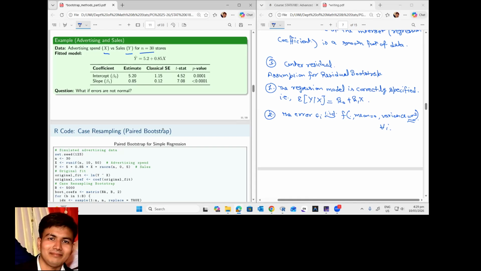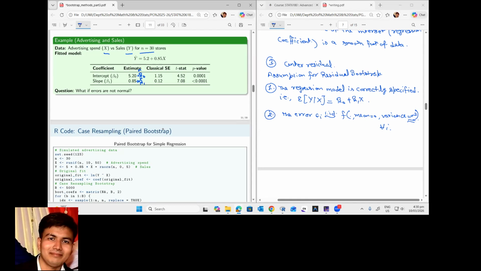Suppose the estimate of beta naught for the real data set is 5.2 and the estimate of beta 1 is 0.85. This is beta naught cap, this is our beta 1 cap. And the classical standard errors are 1.15 and 0.12 respectively.